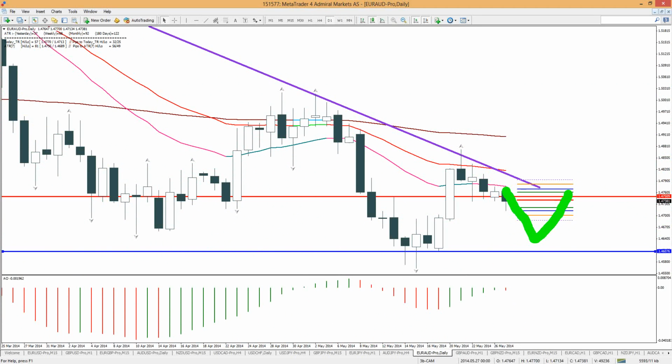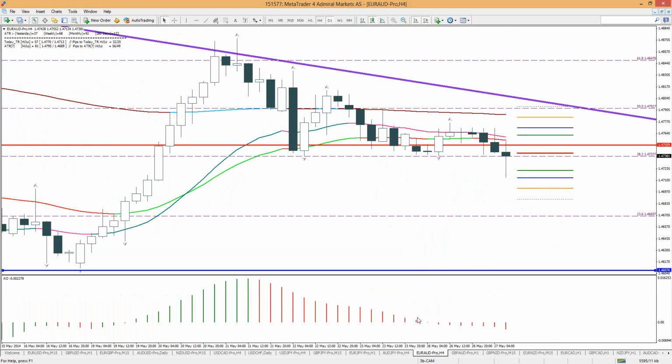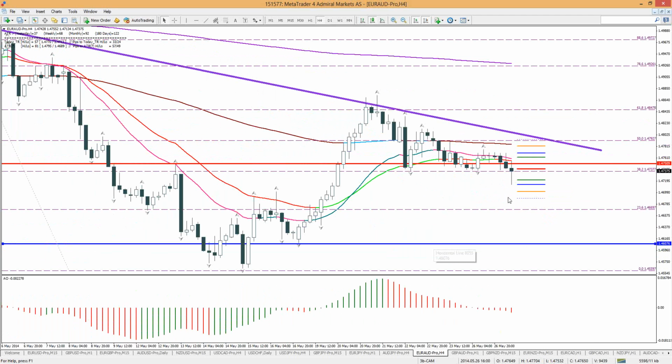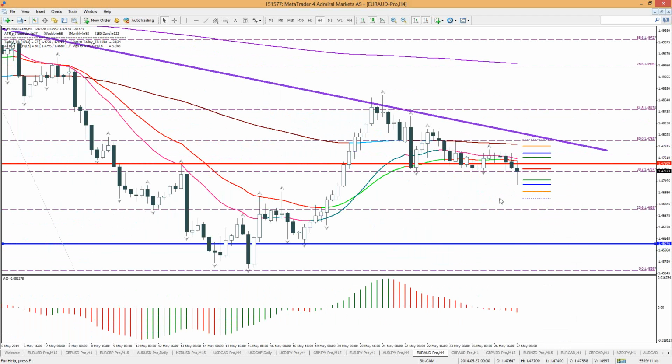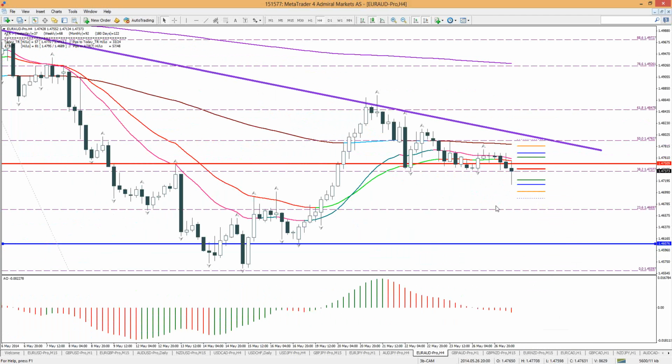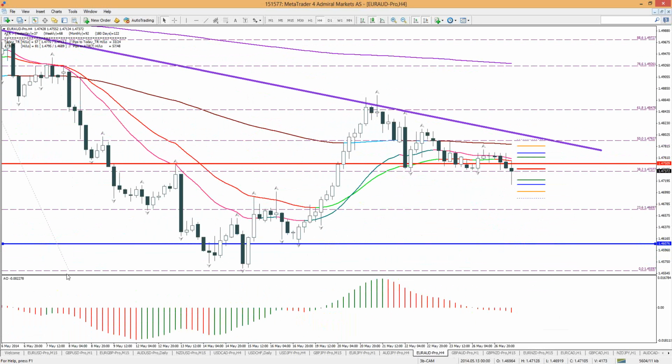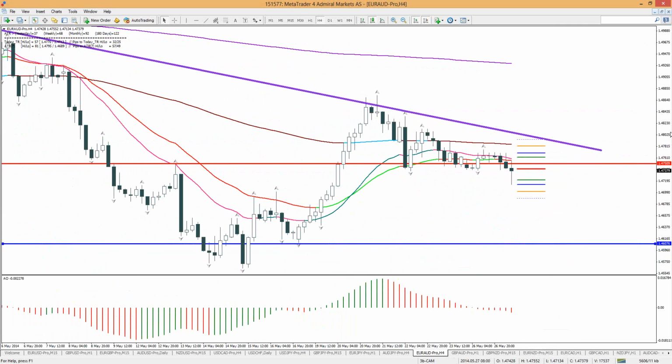Any move down could still be a bouncing spot above blue. Let me get rid of this fib here. It's a bit annoying. Alrighty. Let's see. We did break through this bottom.